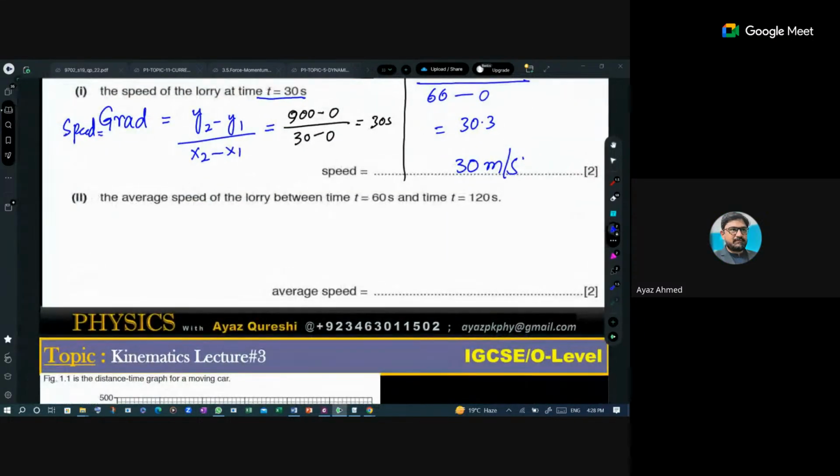The average speed of the lorry between time 60 seconds and 120 seconds. First of all, you should know the concept of average speed. How do we calculate average speed?